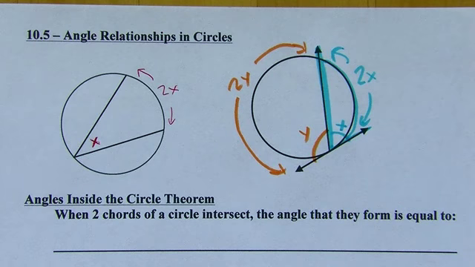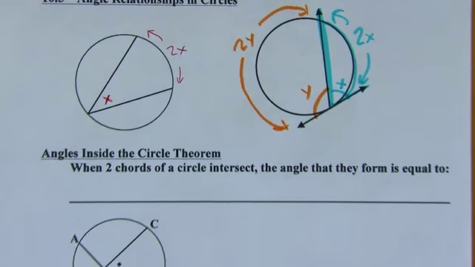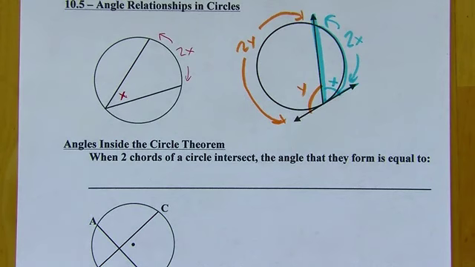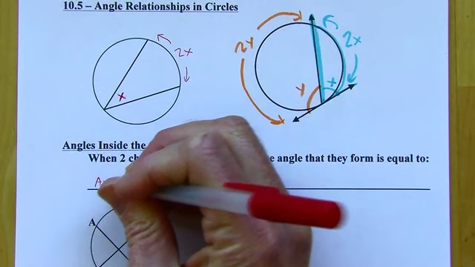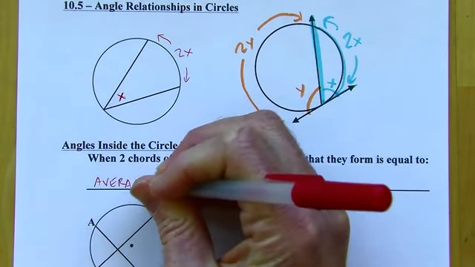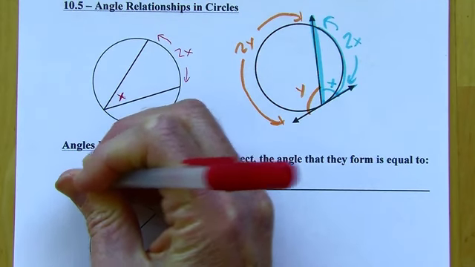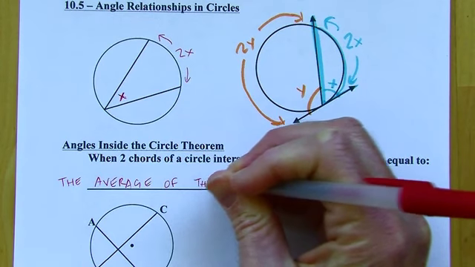Okay. All right, so that brings us to the angles inside the circle theorem. When two chords of a circle intersect, the angle that they form is equal to the average of the two intercepted arcs.